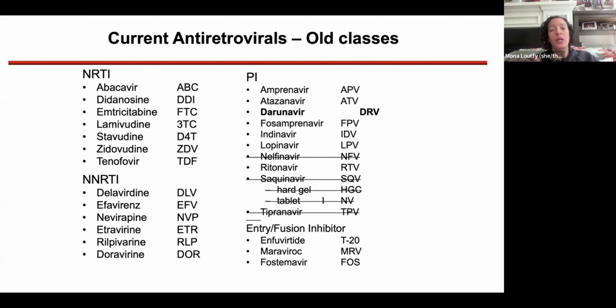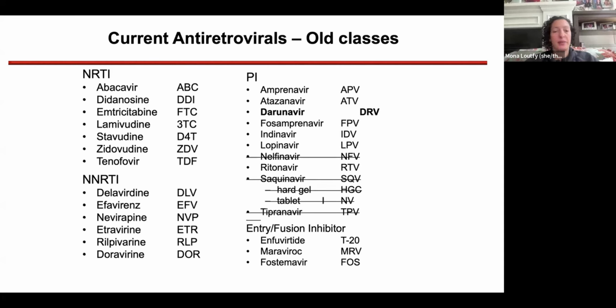The next class that came out were protease inhibitors. They're on the right. The first one to come out was ritonavir, and then there was indinavir and saquinavir, and you had to take like 6 pills a day of those, plus the NRTIs.